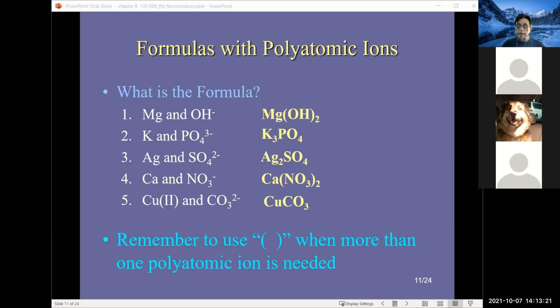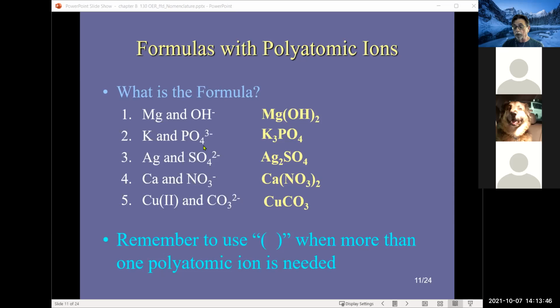All right, so remember, parentheses is for when you need more than one polyatomic ion. And then the second point, that every polyatomic ion has its own unique name. You don't change the name. So the OH is not called hydrogen oxide or any combination thereof. It is simply hydroxide.